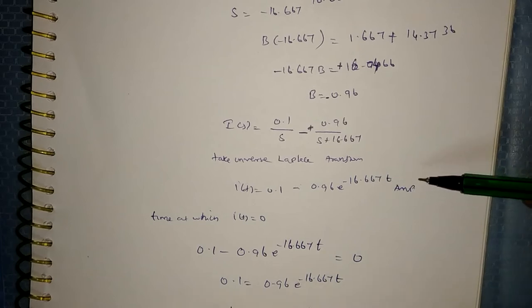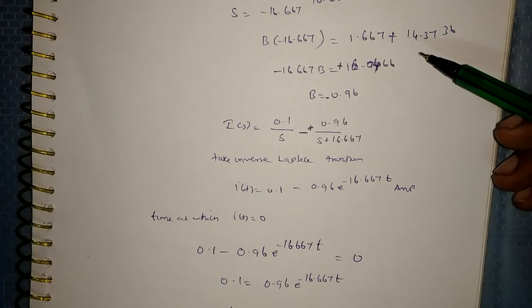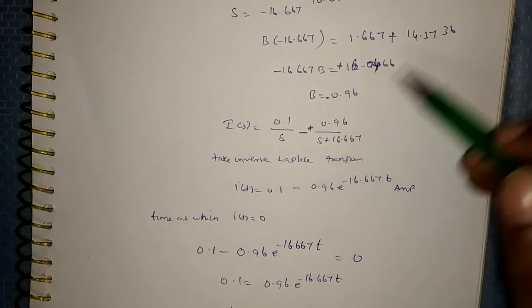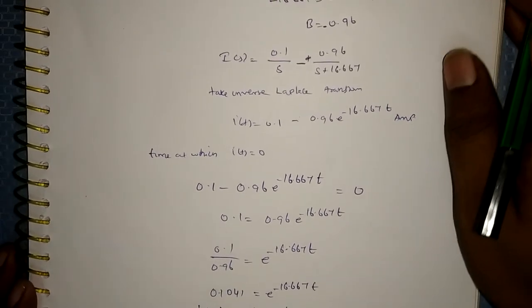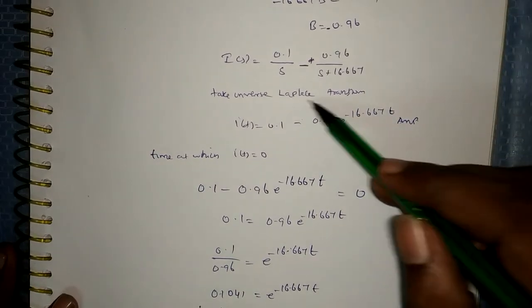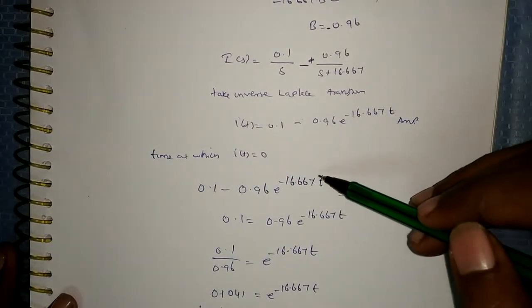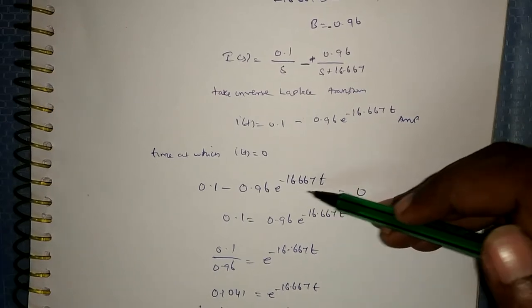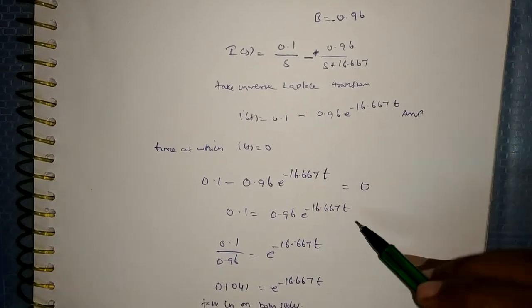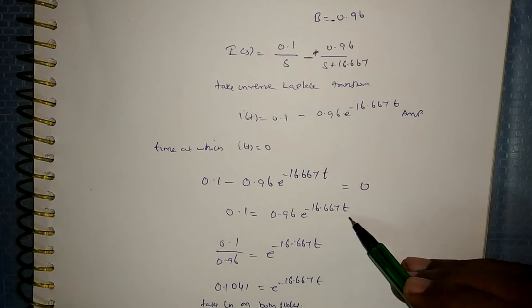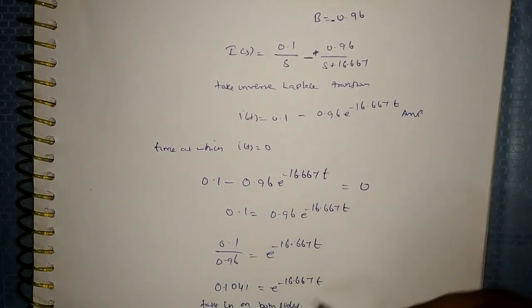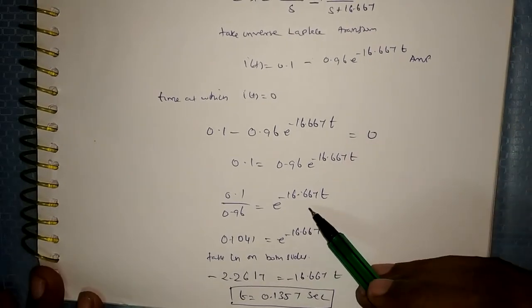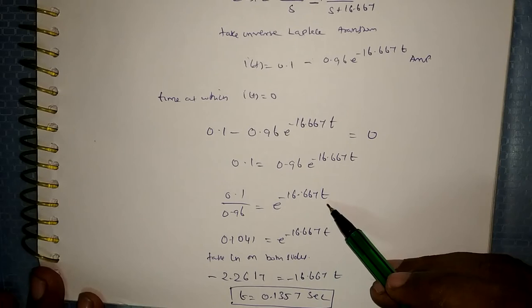Now I need to find at what time the current becomes 0. So I can set the current equation equal to 0 and find the unknown value t. So 0.1 equal to 0.96 e power minus 16.667 t. If I reduce this, you get 0.1041 equal to e power minus 16.667 t.